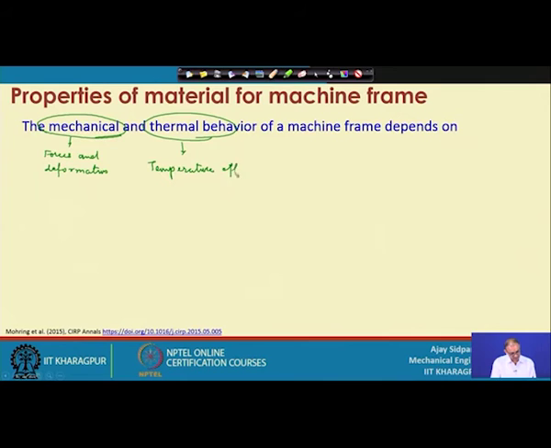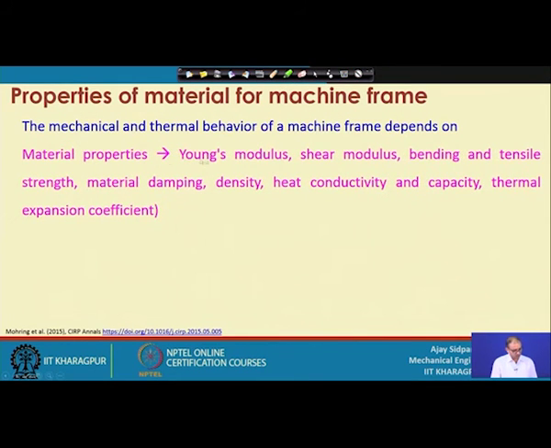Temperature effect during machining, correct. So, these are the two more important criteria. Based on that, we have to decide which properties are important for selecting a material for the machine frame, right. So, what are the material properties?